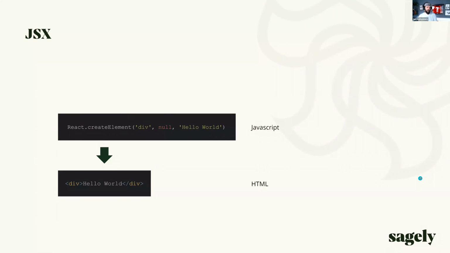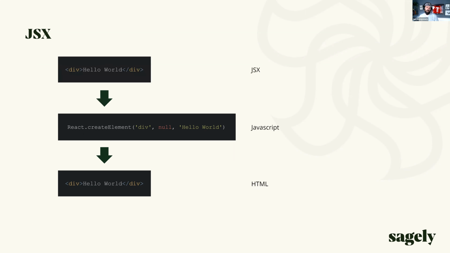Your browser has no idea what JSX is or why you're trying to use less than as JavaScript. So in our first example, we talked about this React.createElement concept, right? We're creating HTML with JavaScript. JSX is just an extra step in there so that the JavaScript we're creating looks more like the HTML that we want to end up with.